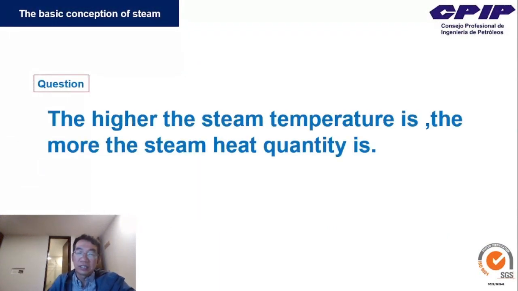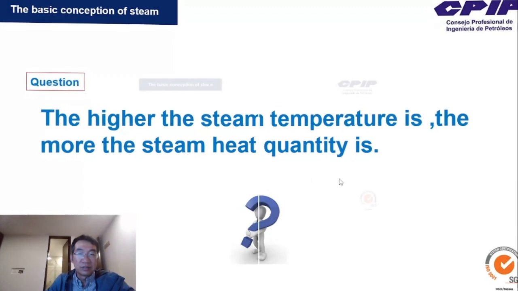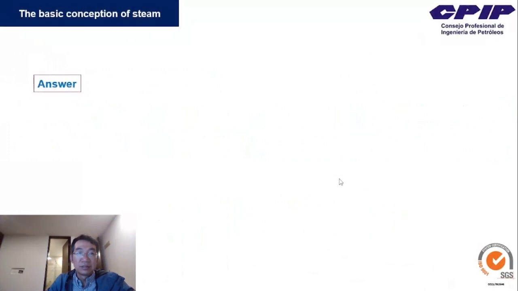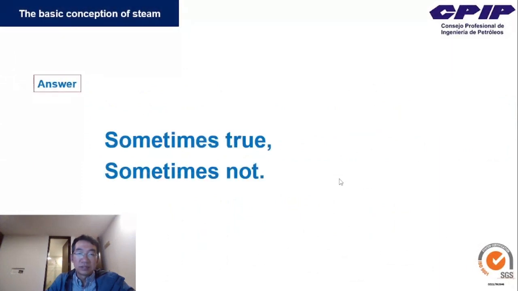Here is a question. The higher the steam temperature is, the more steam heat quantity there is. Is that true? Sometimes true, and sometimes not. Why?